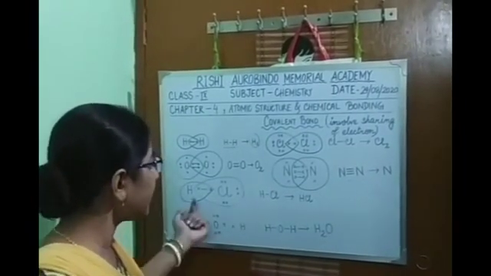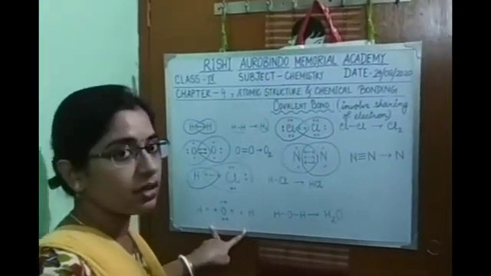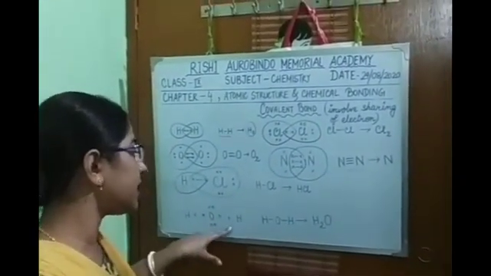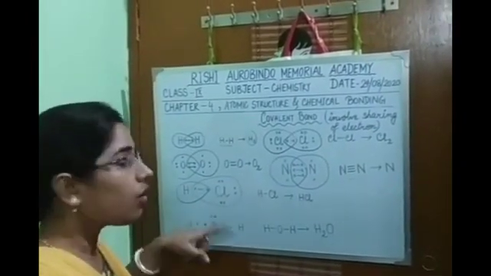For better understanding, in the same molecule we are using a cross sign for hydrogen and a dot sign for oxygen.